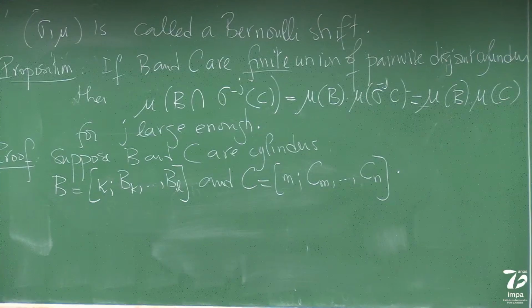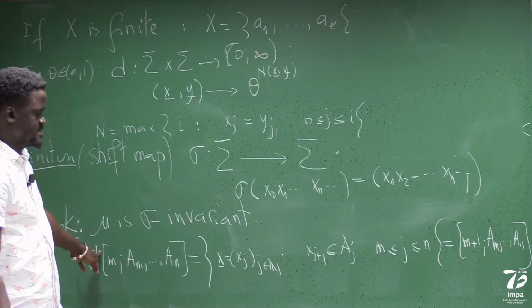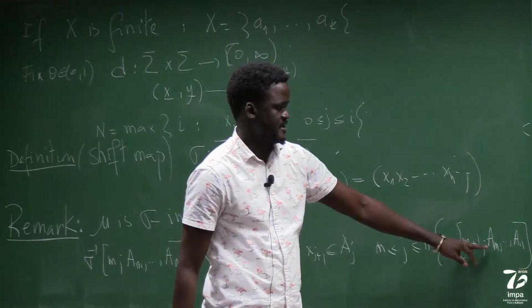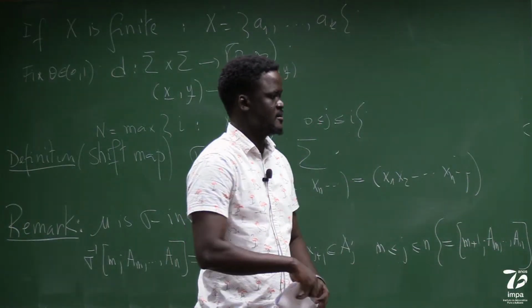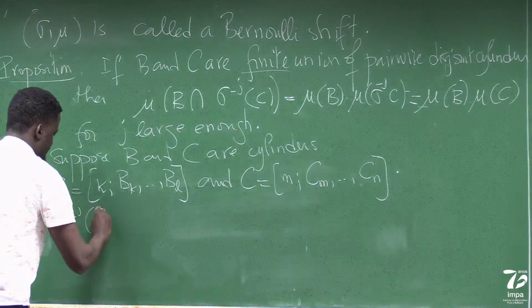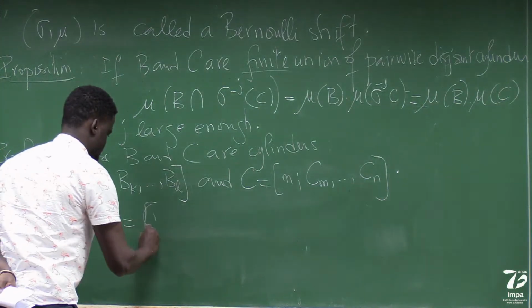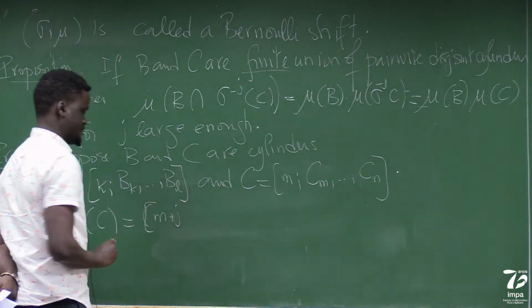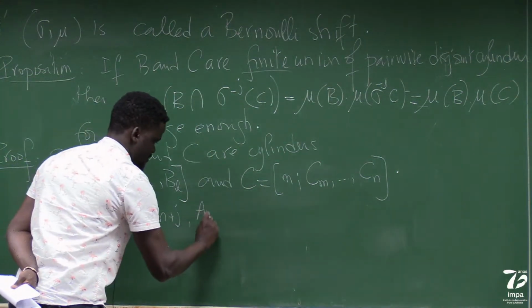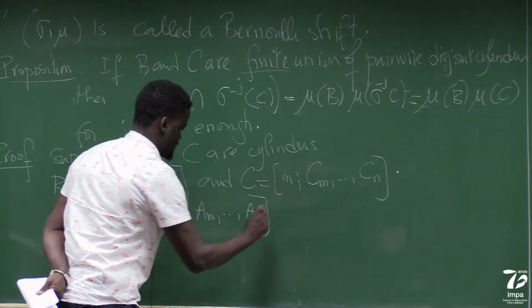Right. So if I go further with this property, I can see that sigma minus j of C is just M plus j with the same components here. So sigma minus j of C is just M plus j, and then A_M through A_N.